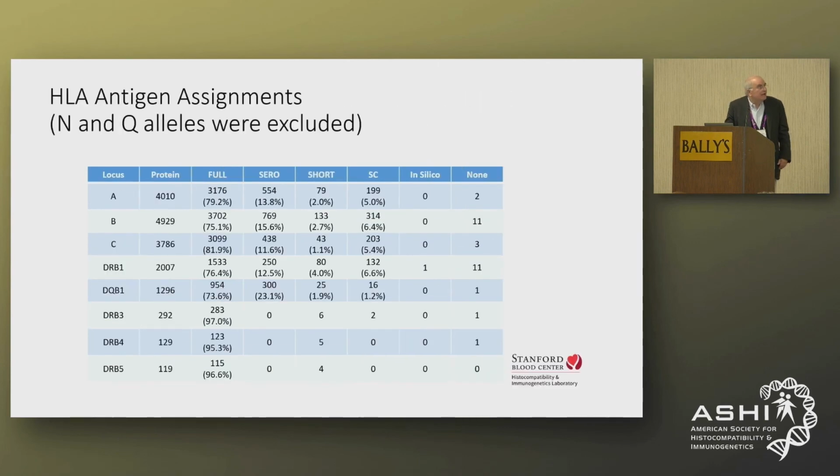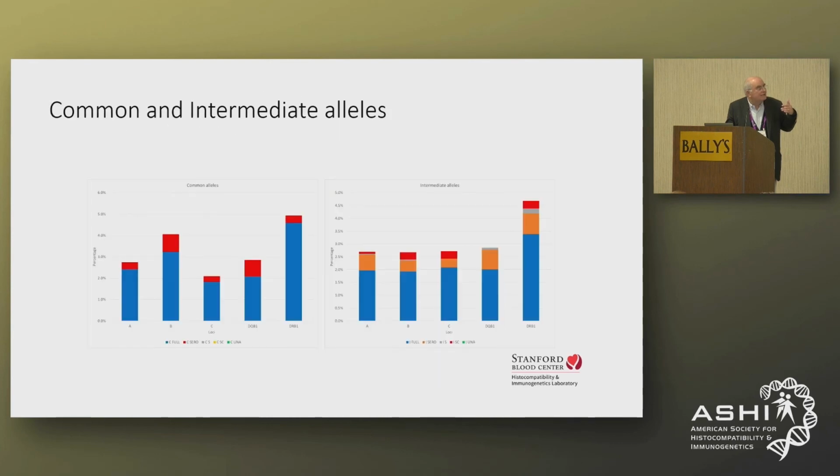So this is the percentage of full serotypes or serotypes that we assigned for all the alleles that we use in the version, for all proteins. And you can see here that all common alleles either have a full serotype or a serotype assignment. That indeed, when we do antibody screening, 99.5% of our donors are going to have one of those.